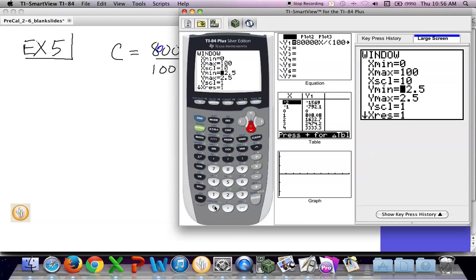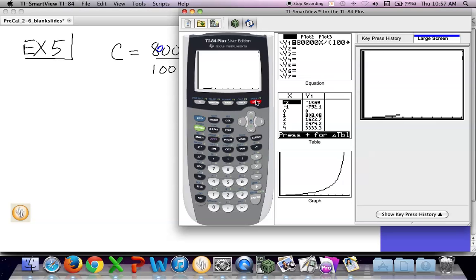The min is 0. The max, let's say it's 1 million. Is that too many zeros? Yeah, that's good. Okay, so you see the graph. As you get close to that asymptote, it veers off towards infinity. You're never going to get to that 100 because that would be a divide by 0.